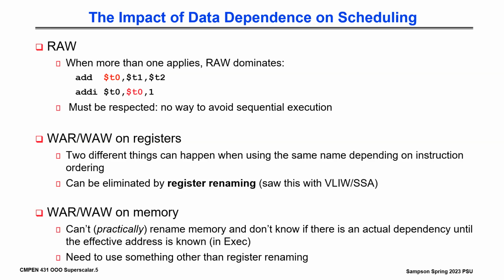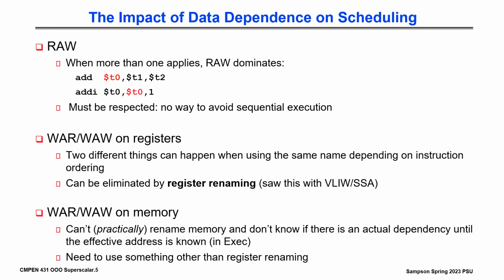And unless you give me a lot of additional information, it may be impossible to prove whether those are or are not the same location that was read and then written to. Right? Especially if your program has bugs. Oh, memory bugs. So you have a lot of maybe dependencies, right?